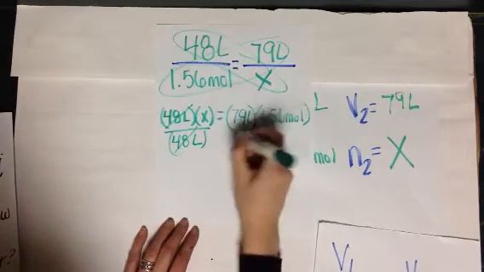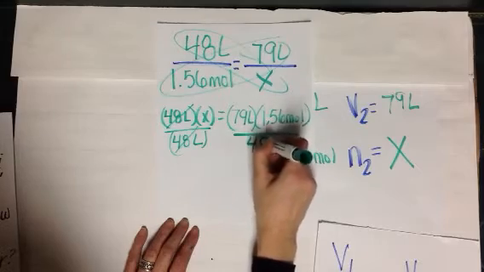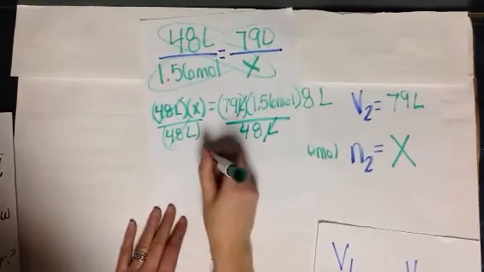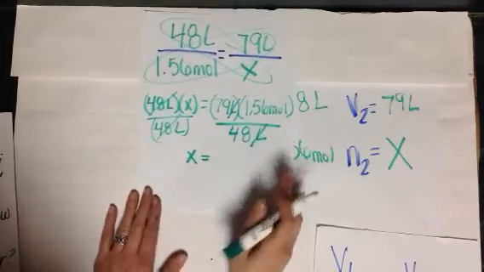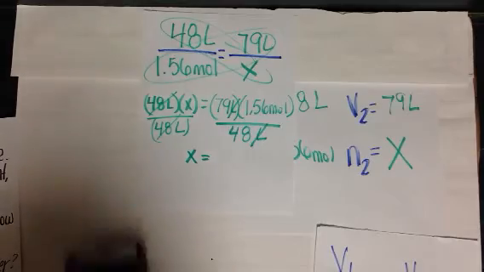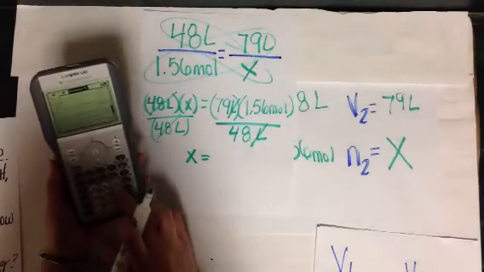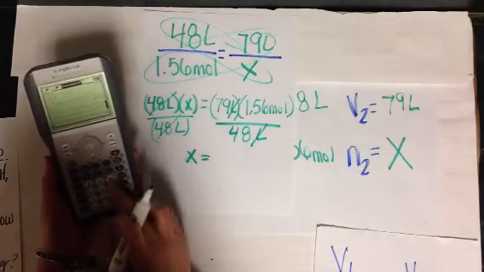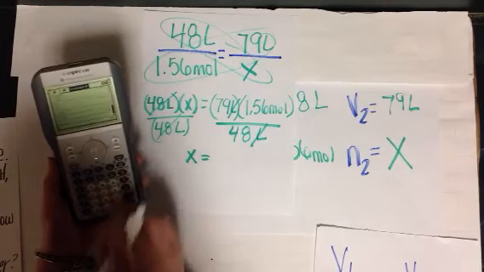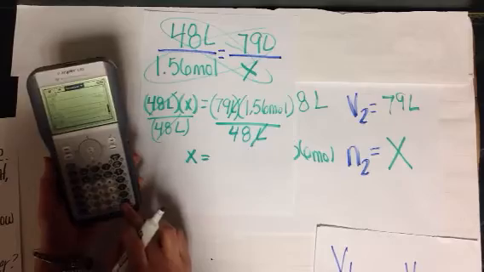Divide by the 48 liters on both sides to get X by itself. L cancels out with L. Please cancel that out. Now X is going to equal, in your calculator, plug in 79 times 1.56 divided by 48.